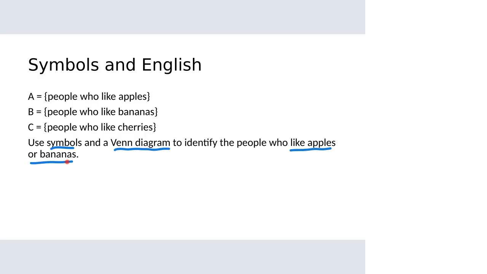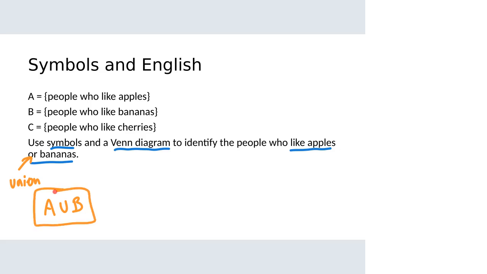Okay. The key word here is or. They're in apples or bananas. That's union. I'm going to join these two sets together. And so what I'm looking at here with symbols is A union B. That's what we're looking for with symbols.